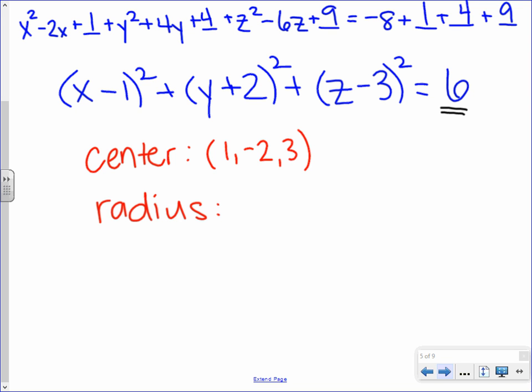Okay, so if that's r squared, what would the radius be? If this is r squared, you're just going backwards, right? Okay, so our radius would be radical 6, so that when we square it, we get this number right here.